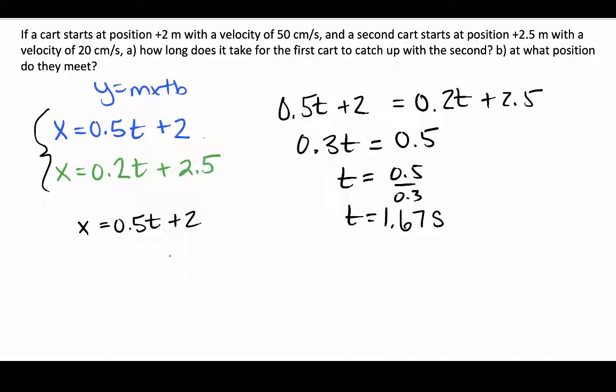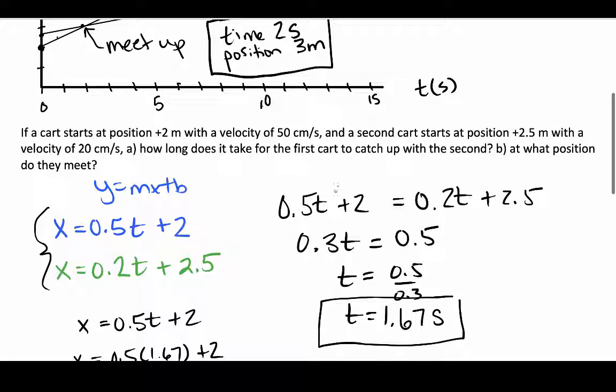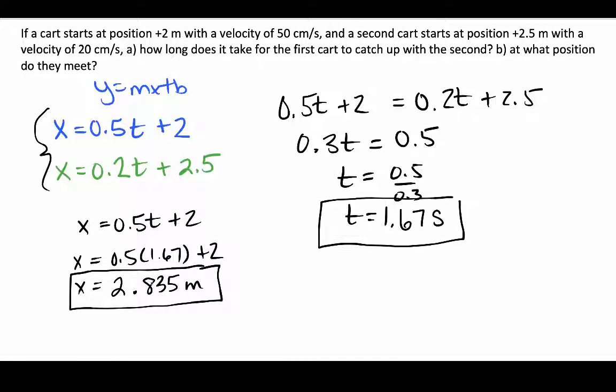I just took this equation, and I'm going to plug this number in for time. So x is equal to 0.5 times 1.67 plus 2. x is equal to 2.835 meters. So this is the position at which they meet, and this is the time at which they meet. And up here we got 3 meters, and here 2.85, pretty close. This is the right answer down here.